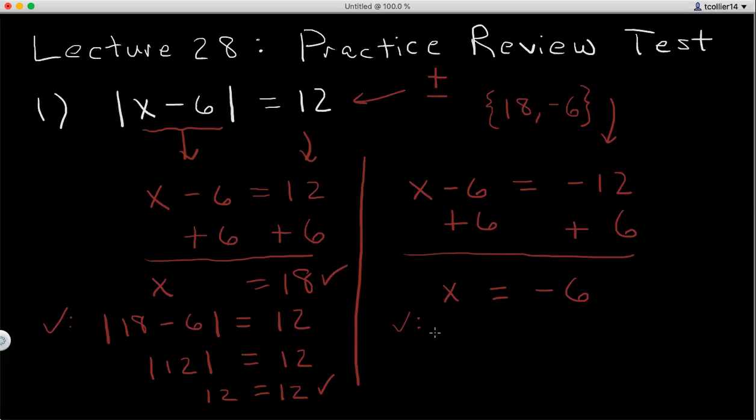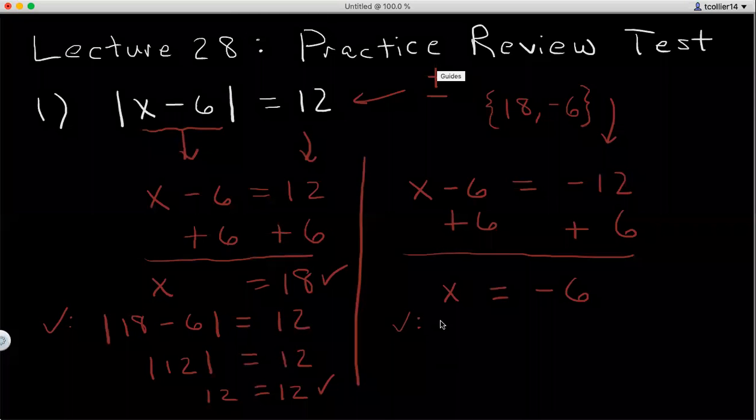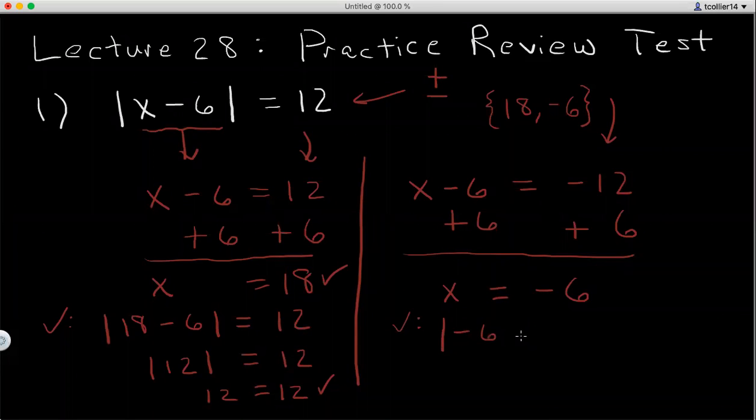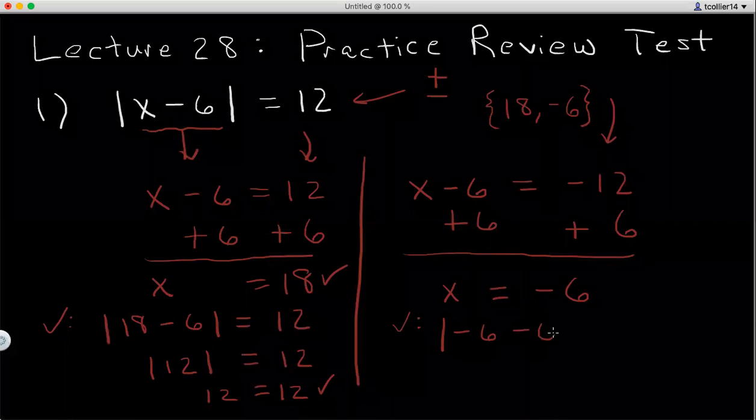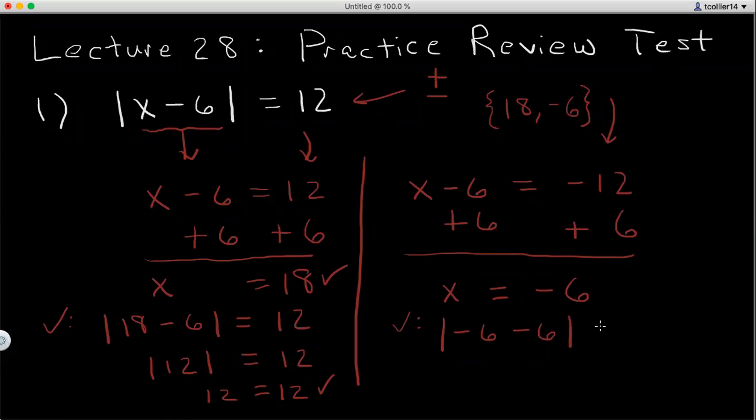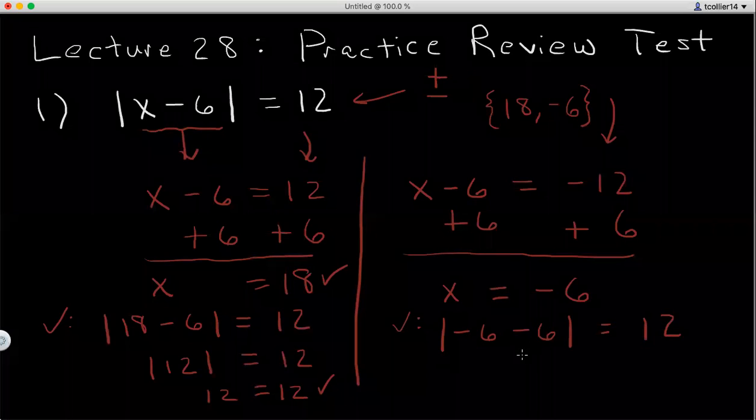Okay, looking over on this side, I'm doing the same thing, but I'm letting x be negative 6. So I plug in negative 6 for x and see what I get. I have the absolute value of negative 6 minus 6 equal to 12, or at least it should be. That's what the equation says. So I do what's on the inside first.